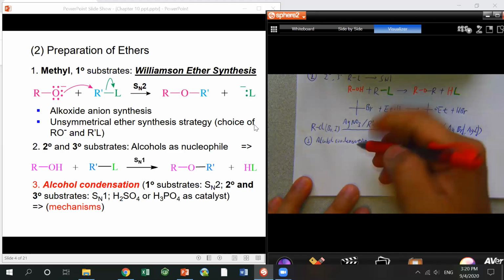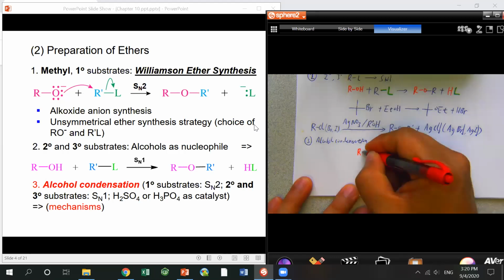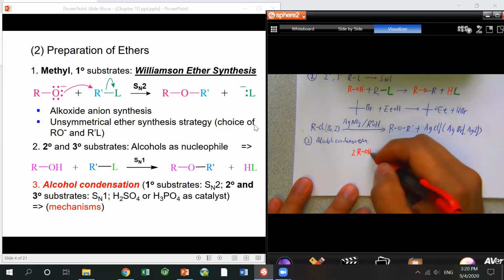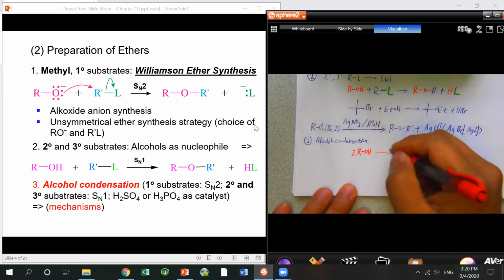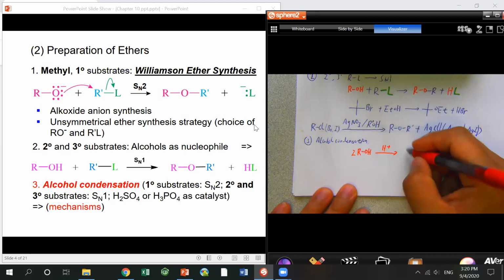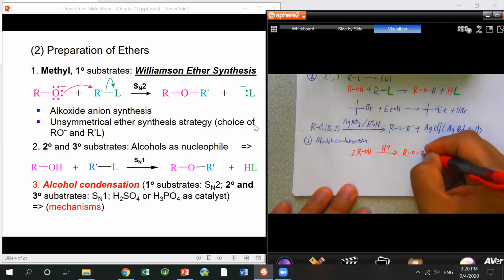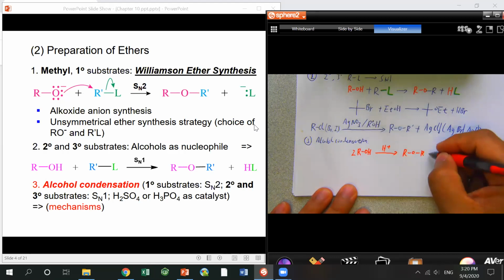So pretty much just two molecules of the same alcohol under acid conditions condense and generate a symmetrical ether, and meanwhile you release water.